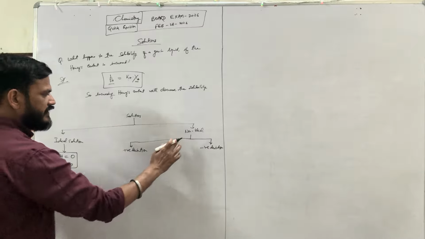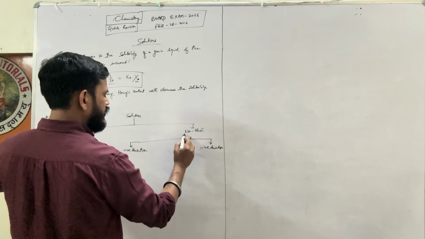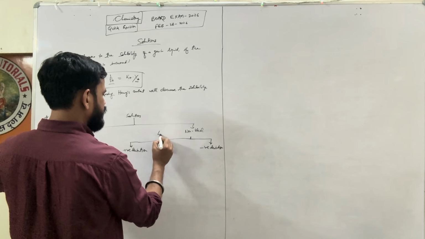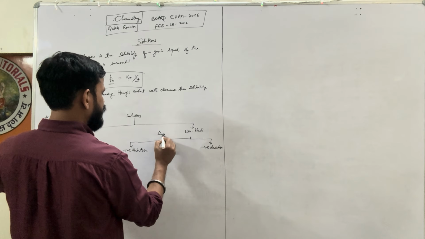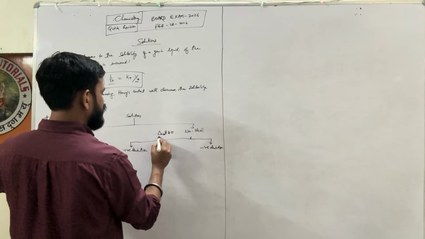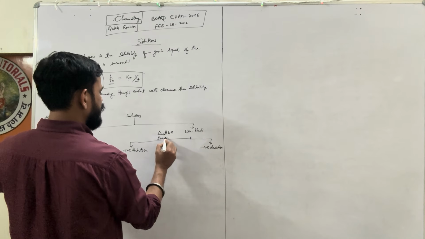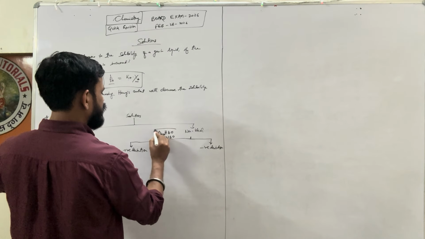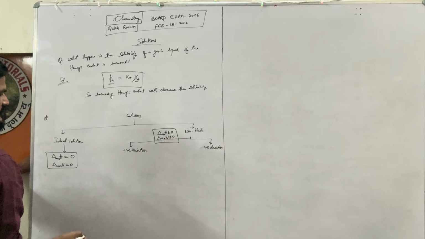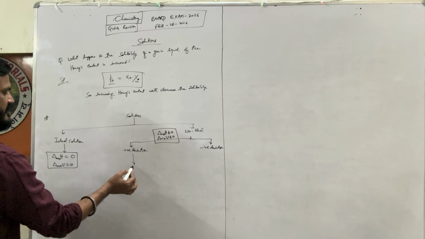So in non-ideal, the definition is that the enthalpy of mixing is not equal to 0 and the volume of mixing is also not equal to 0. Why is there positive deviation?